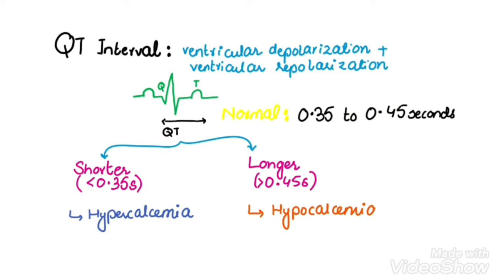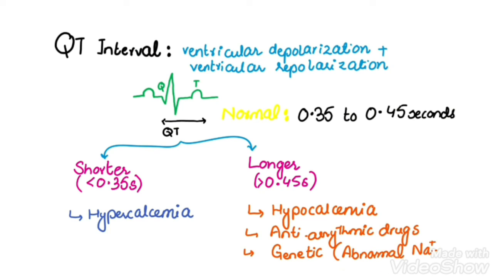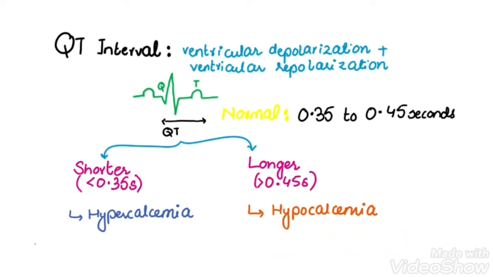Shorter QT interval occurs in hypercalcemia, whereas longer occurs in hypocalcemia, antiarrhythmic drugs, and genetically when there are mutations in the sodium and potassium channels of the ventricular muscle cell. In hypercalcemia, there are more calcium ions outside the ventricle muscle cell, and so they can quickly enter the cell.